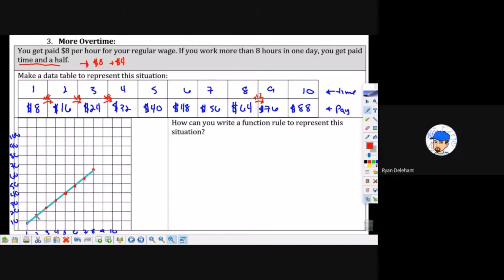Those are all our hourly pay dots, but we can get paid in between there because you could work 7.5 hours and you're going to get 7.5 hours worth of time at $8 an hour. Now what changes though is all of a sudden when we go from 8 to 9, we're not making $8. The slope of that line is actually going to increase on us because we're going to make more money because we jump from 64 to 76.